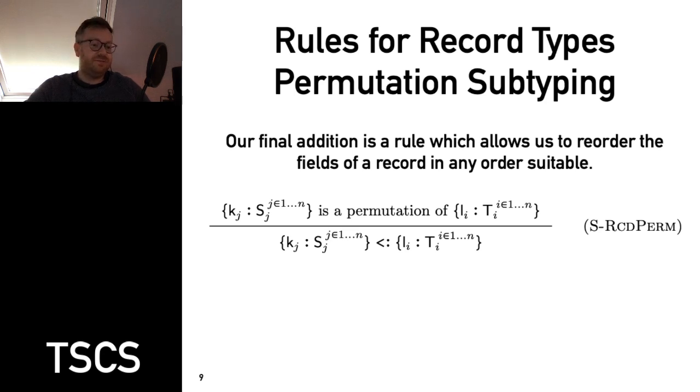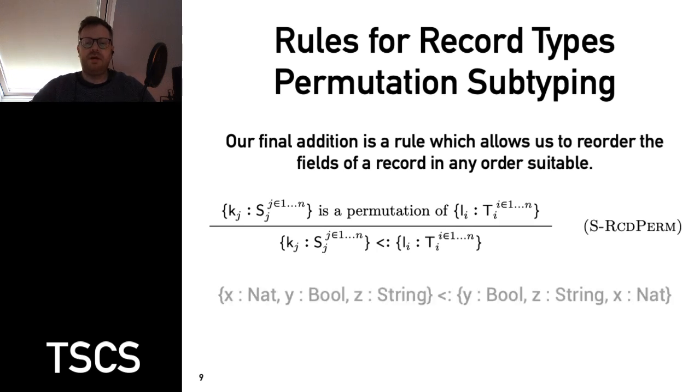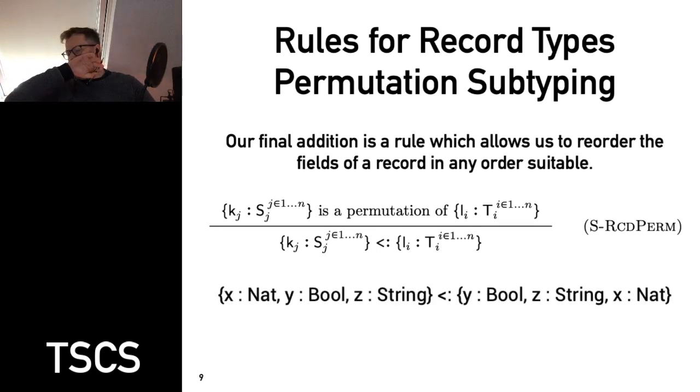By the way, you couldn't do this before, and now you can. So that means you have this record of y: Bool, z: String, and x: Nat. And of course, you can find a subtype where you sort these labels alphabetically, and you have x: Nat, y: Bool, z: String. That also works.